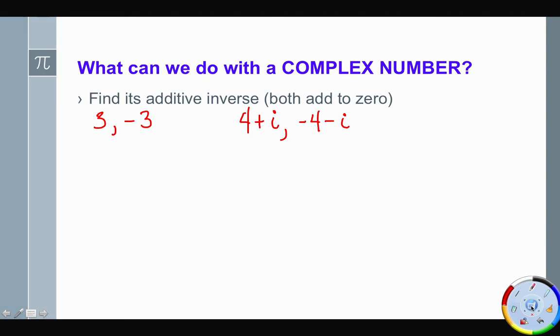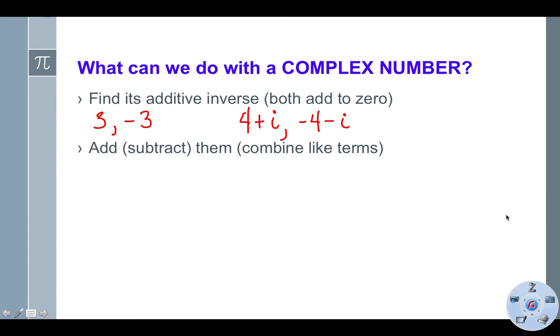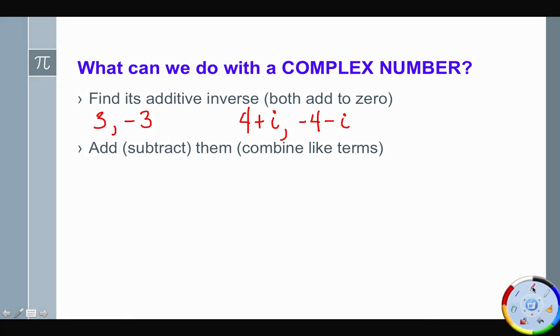Okay, so along that line, something else that we can do with complex numbers is we can add and subtract complex numbers. And when we add them, we combine like terms. So if we said 3 plus 2i plus 6 minus i, I'm going to combine the like terms.